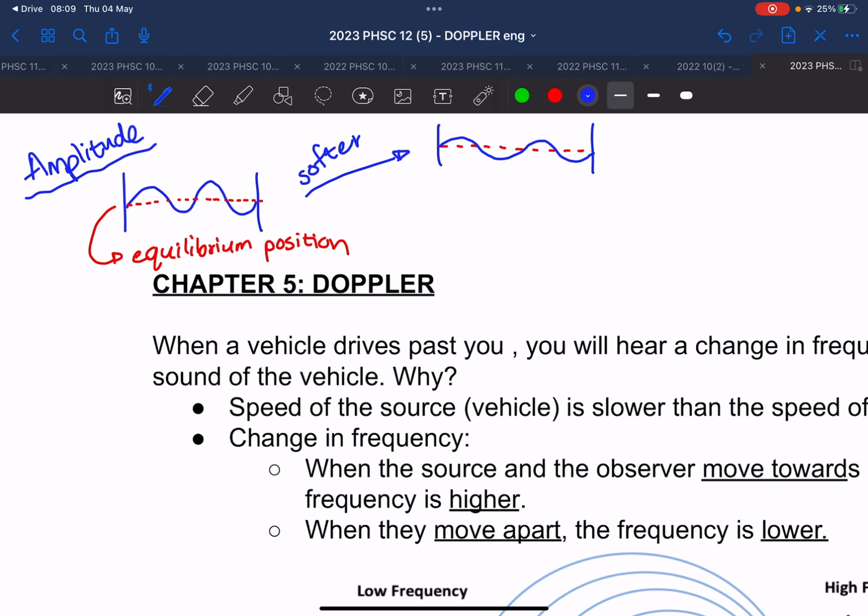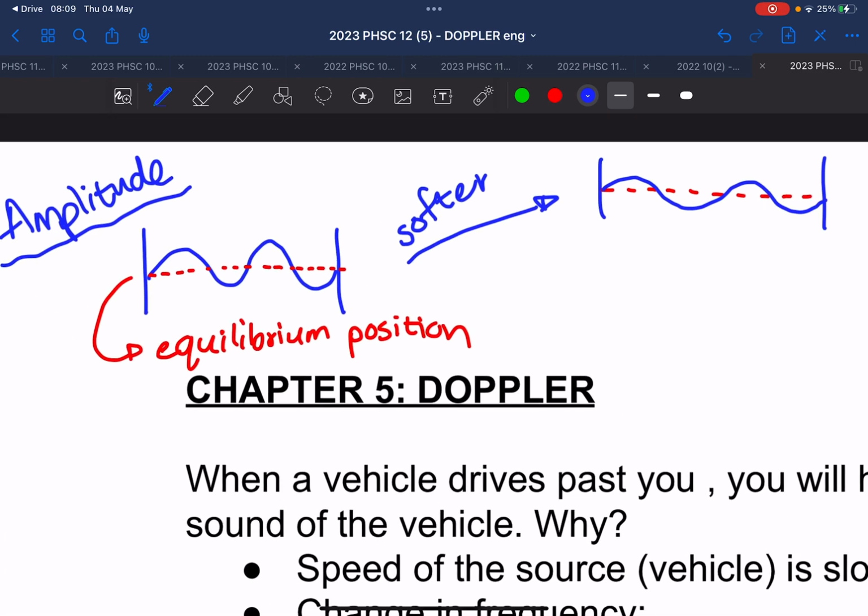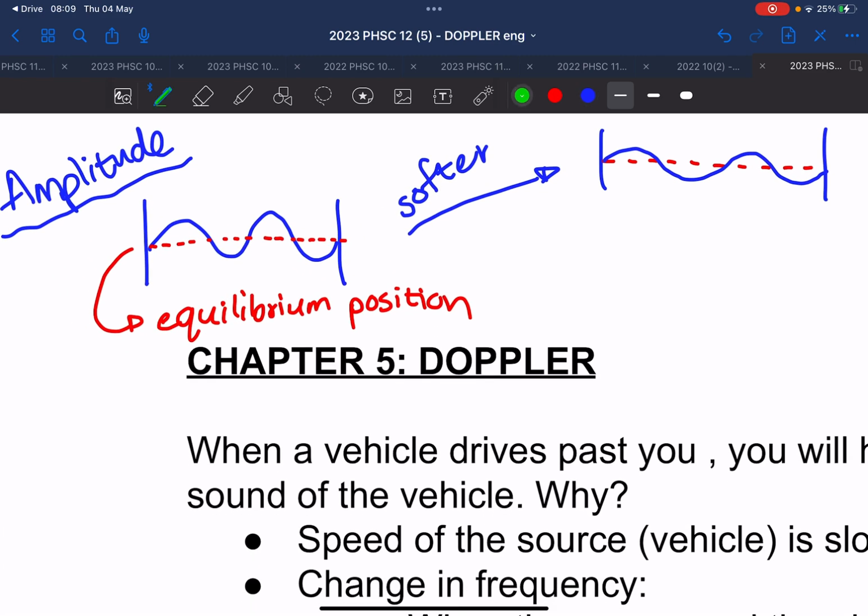Okay, so I'm going to zoom in there. What we refer to as the amplitude is this part here. The part from its equilibrium position is smaller. That is the amplitude.